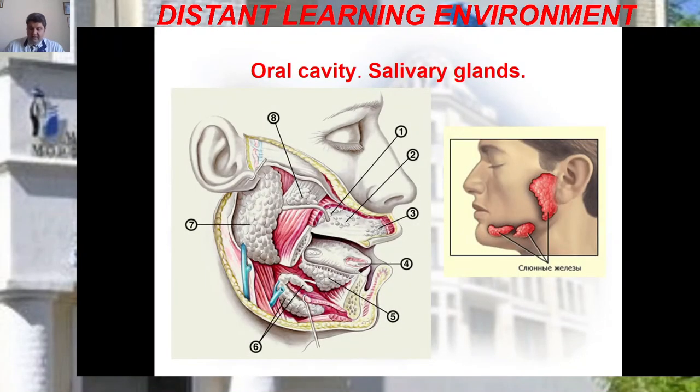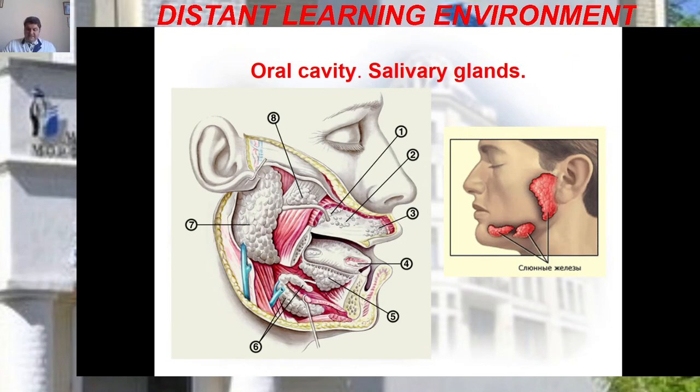Next, let's talk about salivary glands. You may see three big salivary glands: parotid gland, submandibular gland, and sublingual gland.